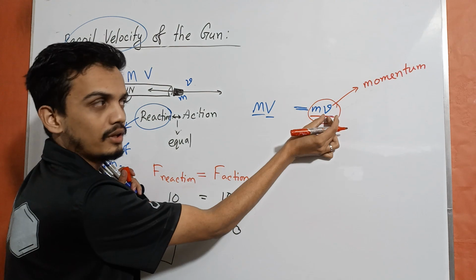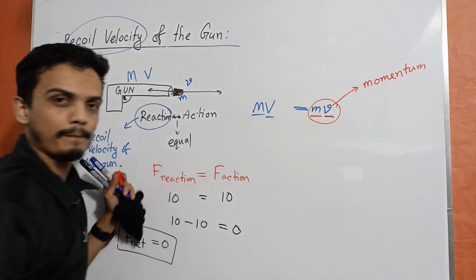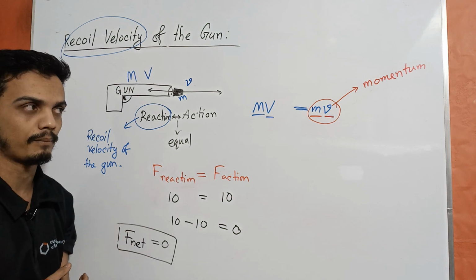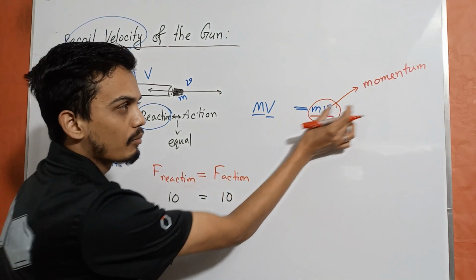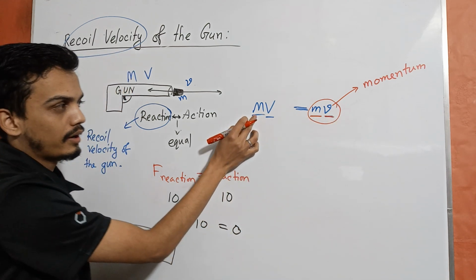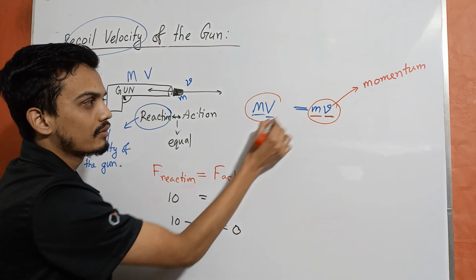Mass into velocity is known as momentum. So this is the bullet momentum, and this is the gun momentum.